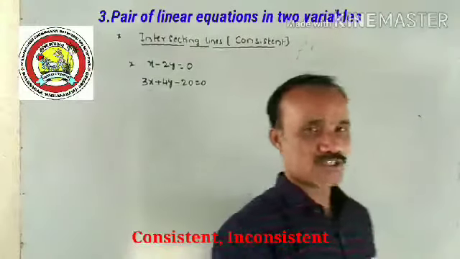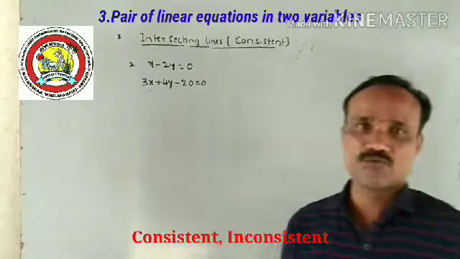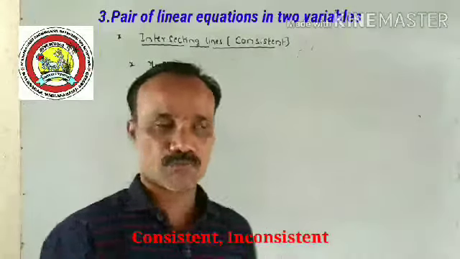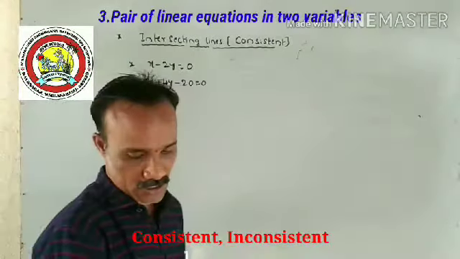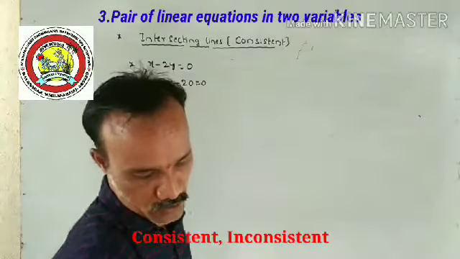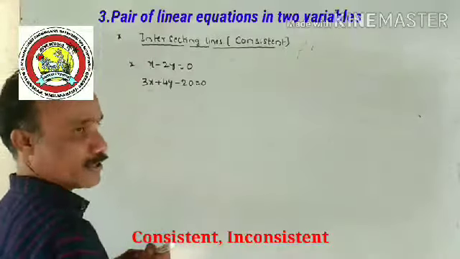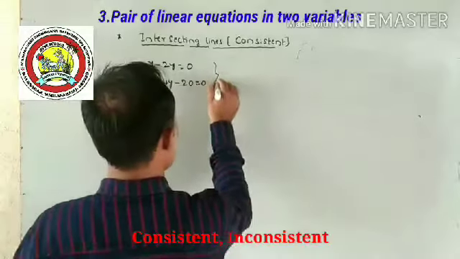The main thing is, first you have to convert the given equations into the form a1x plus b1y plus c1 is equal to 0. That is very important. First you have to check.